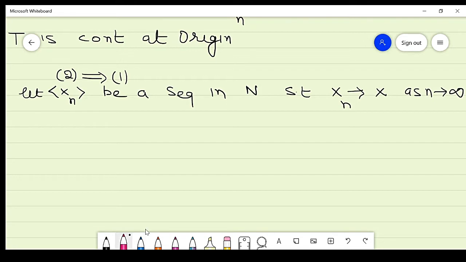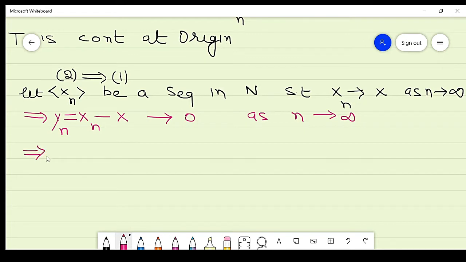Then it means xn minus x approaches 0 as n approaches infinity, clear? So this is some sequence, suppose yn, which approaches 0 as n approaches infinity.